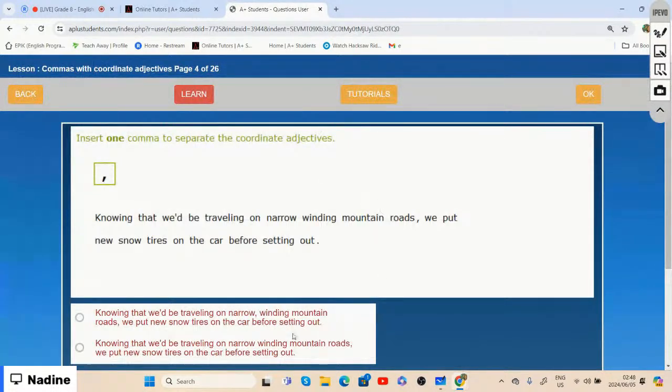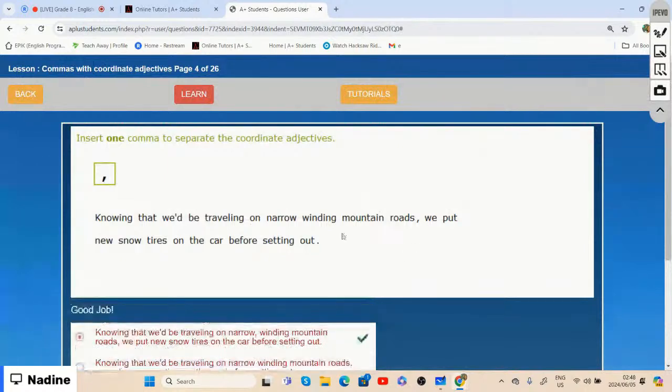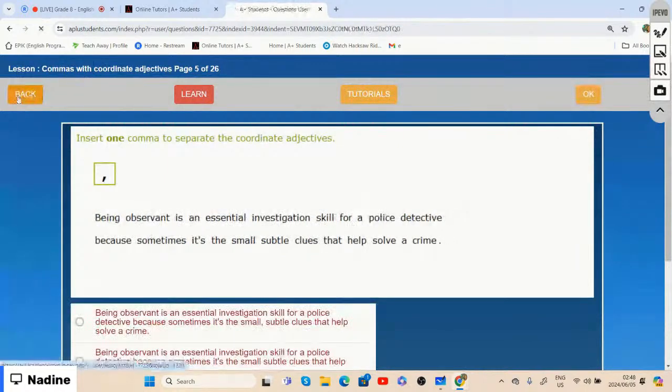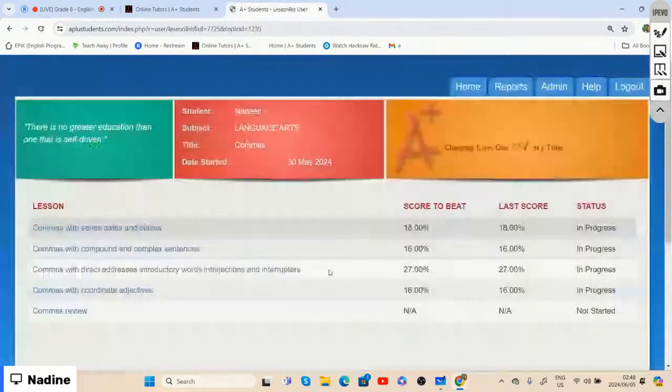So we will choose option 1. All right, so well done. Option 1 is correct. Right, and that is basically the end of our lesson on commas.